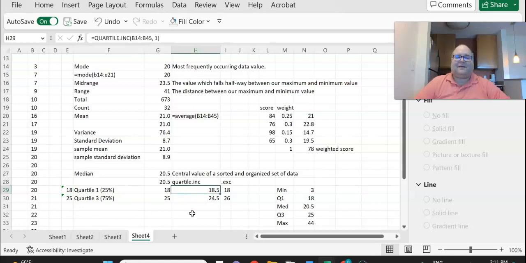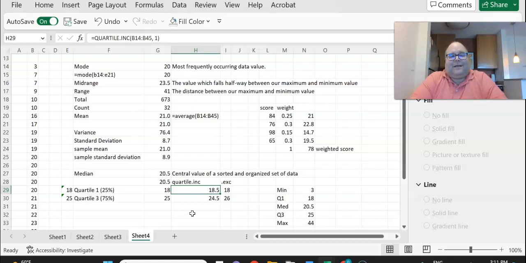In Excel, there are two versions of quartile. QUARTILE.INC gives us a value that is favored toward the median.